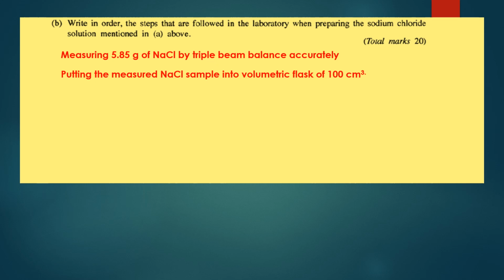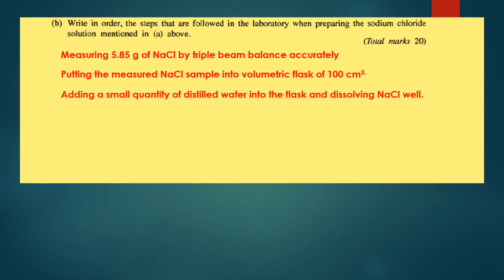Put the measured sodium chloride sample into a volumetric flask of 100 cubic centimeters. Add a small quantity of distilled water into the flask and dissolve the sodium chloride well. Then add distilled water till the final volume gets 100 cubic centimeters. You can earn 3 marks for all the steps.